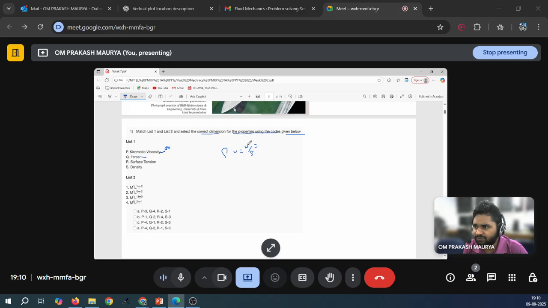The dynamic viscosity is Newton second per meter square, and density is kg per meter cube.